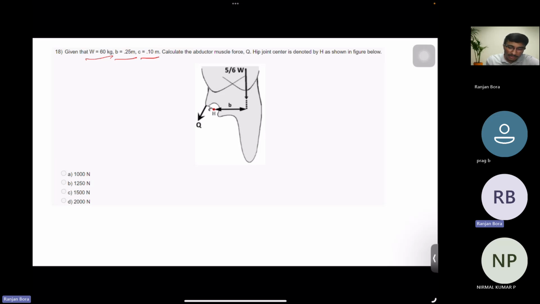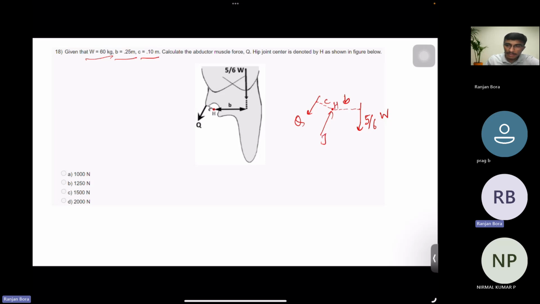So what we need to do first, we need to draw the free body diagram. This 5/6 W is acting at a distance of B, and Q is acting at a distance C. And hip joint reaction force will act along this direction.